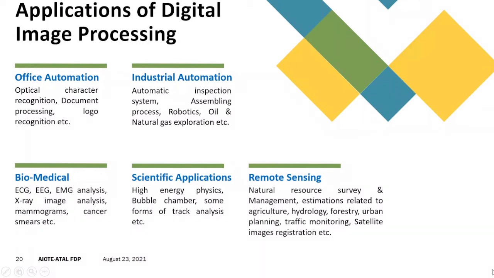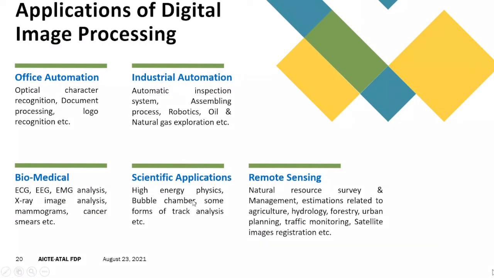Industrial automation for assembling, robotics, inspection, even natural gas and oil exploration. You can see the application. In the case of biomedical, ECG, EEG, X-ray and all, mammograms, cancer smears. You can see this is all what you are aware of. This is nothing but image processing.